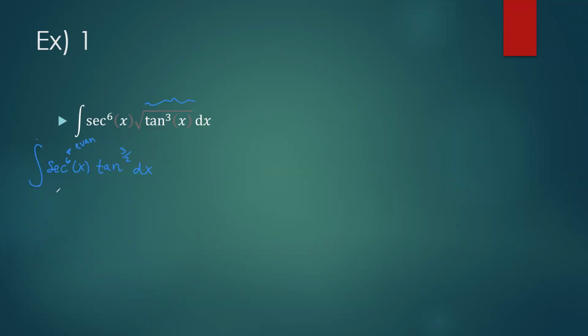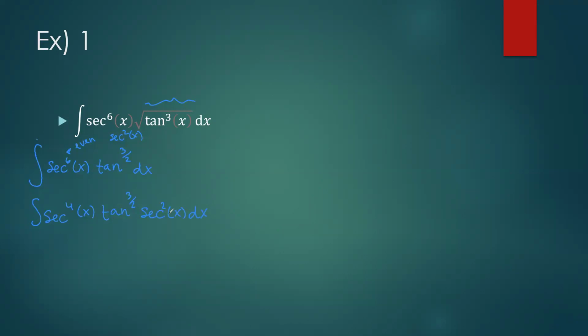So I'm going to rewrite this as secant to the 4th x, because I took out a secant squared x. And then you have the tan 3/2, and then we have an extra secant squared x, so I'm going to put it right next to the dx, so it's secant squared x dx.